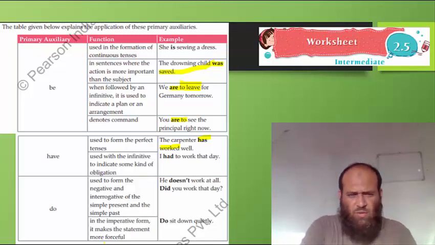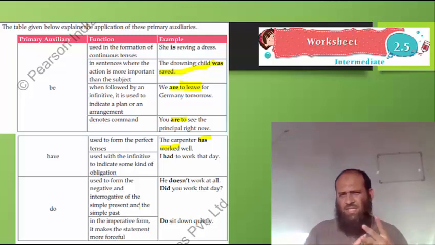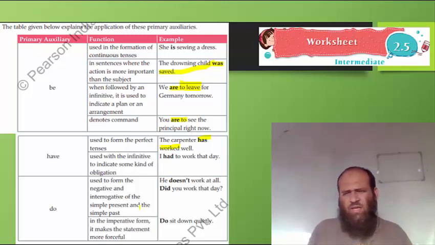Now, do also has these uses. Normally, we use do to show the negative forms. All three forms of do: do, does, did. We normally use them to show the negative form of any action. For example, he doesn't work at all. He didn't complete his homework.